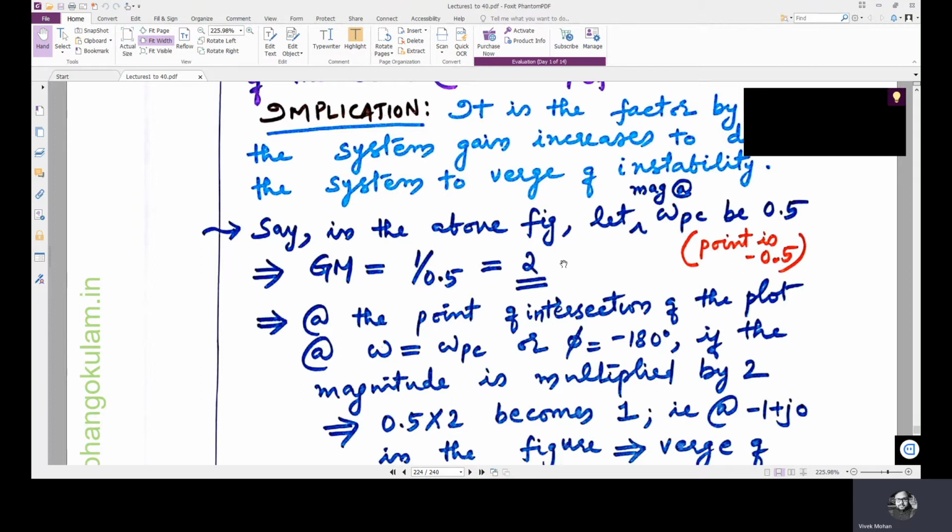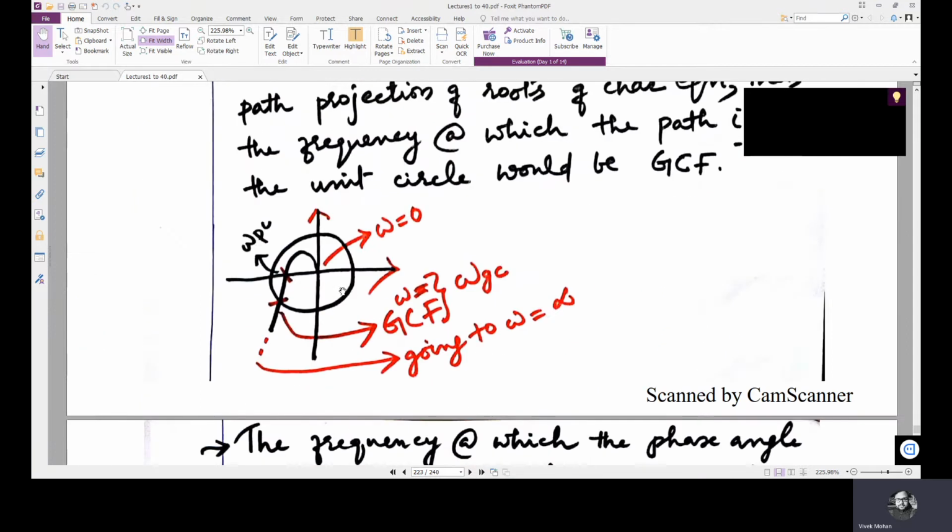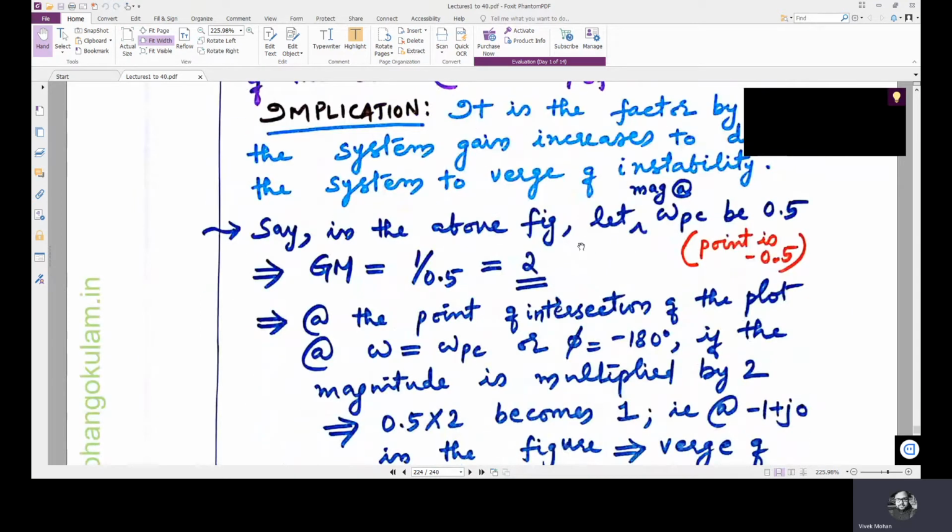In this figure, let the magnitude at omega PC, that is the magnitude at the phase crossover frequency, be 0.5. When we take the reciprocal of this magnitude, we get the gain margin, so the gain margin will be 2. Or we can say that when 0.5 is multiplied by the gain margin, we get 1.